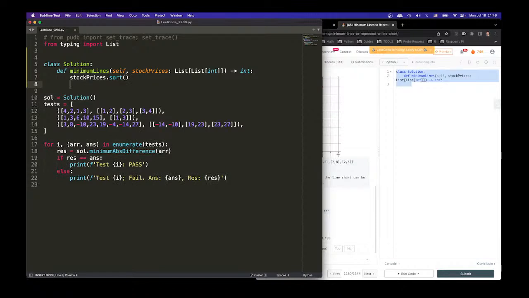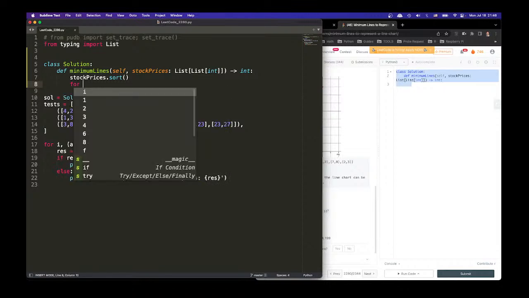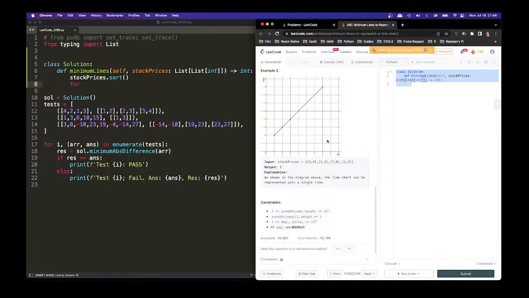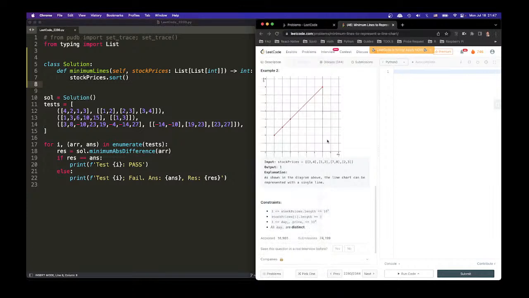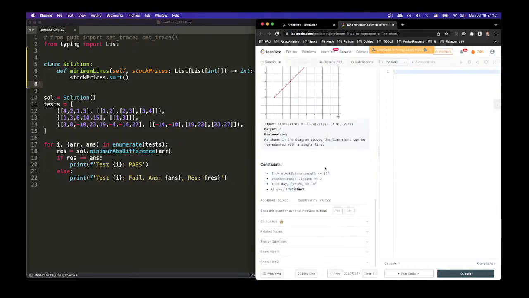Then for, what? I have to do the slope. Alright, take the first two. Well, what's the minimum number? Length could be 1.